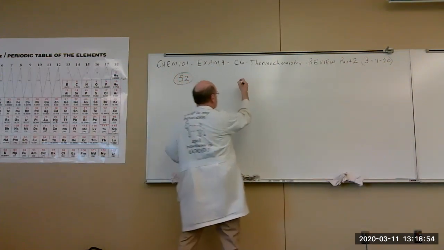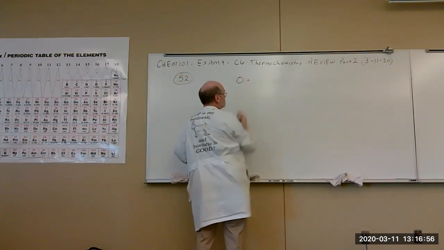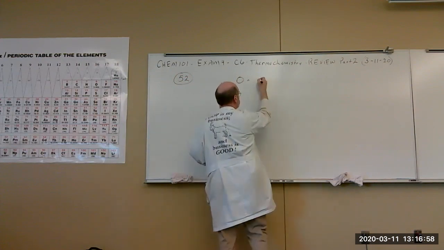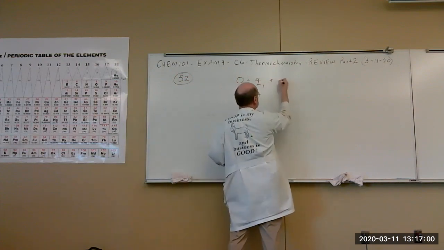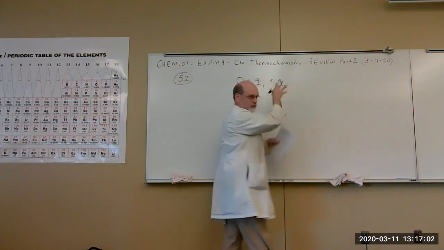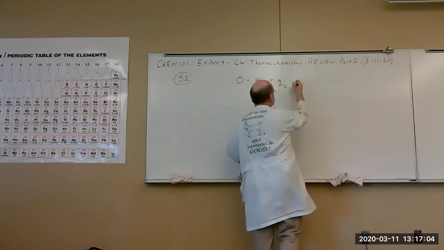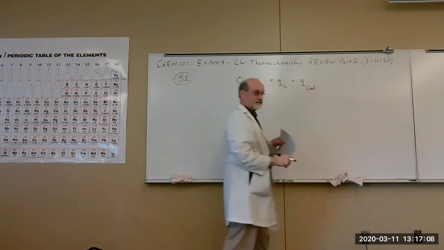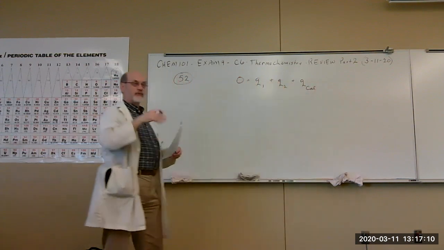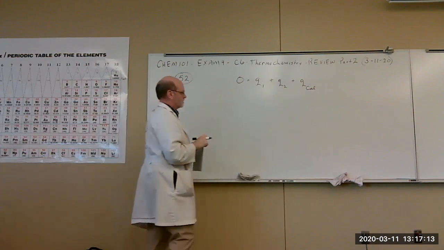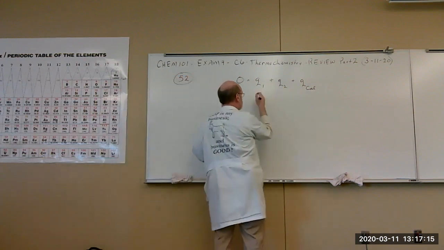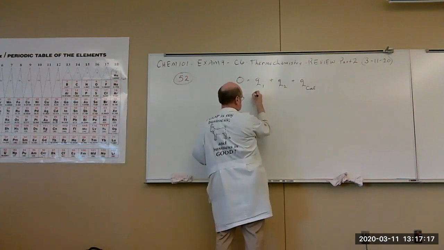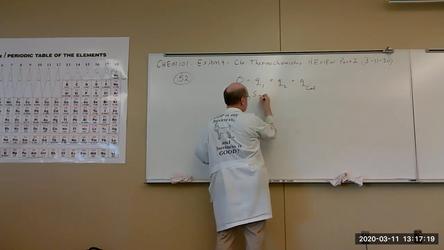So what we have is we still have 0, but we have maybe a couple of Q's like we've done before, plus we have a Q for the calorimeter. That's the only term that we're adding. The difference is these two guys are the specific heat times the mass times the delta T for each one.